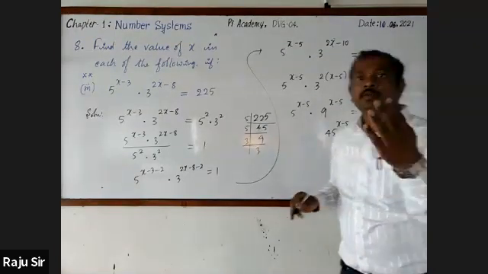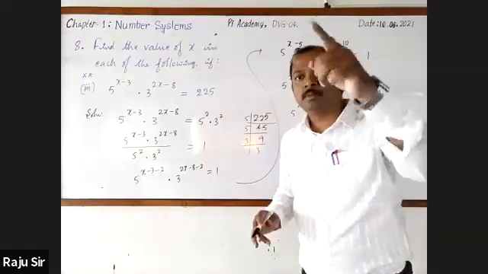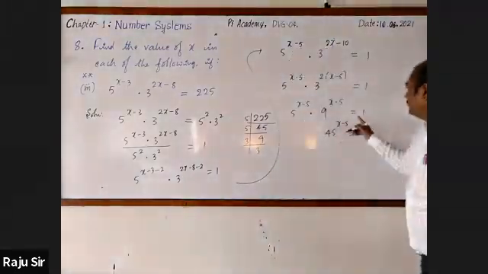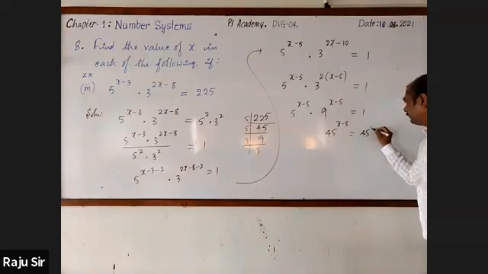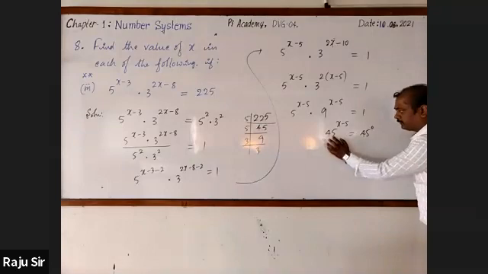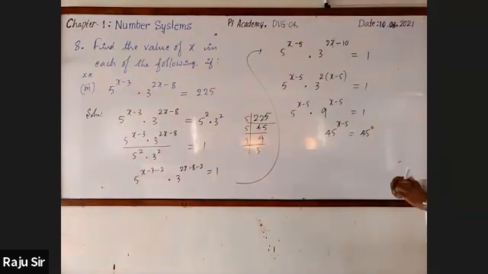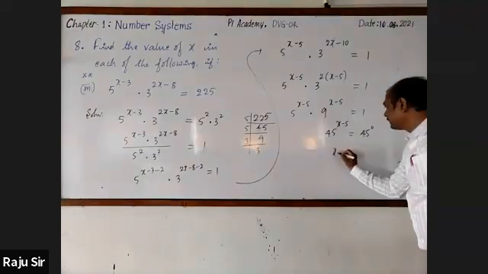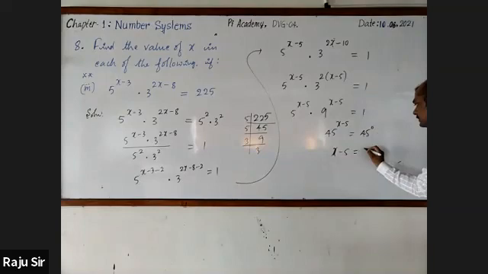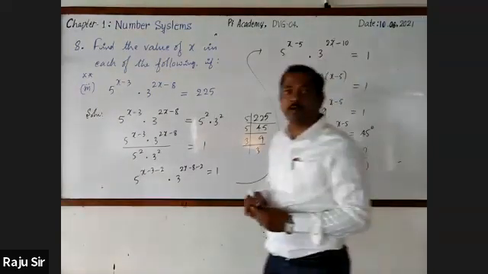We know that anything raised to the power 0 is 1. Here I'll write it as 45 raised to the power 0. The reason is in LHS we have 45, here also we want 45. Now let us go for equating the powers. It is x minus 5 is equal to 0. x equal to 5. Followed?